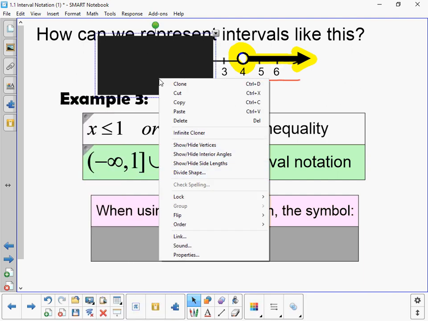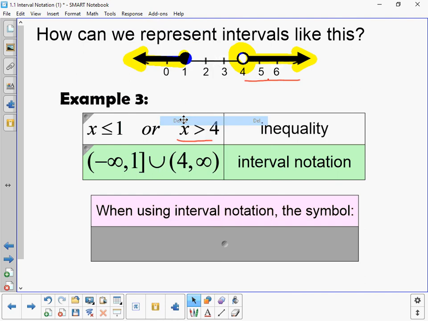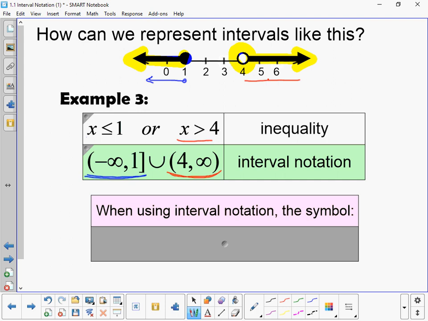So we just need to make sure we're showing both of those parts in our interval notation. So we want to show that x is greater than 4. Well, that's right here between 4 and infinity. And then that first part that we looked at first, showing that x is less than or equal to 1, our interval notation shows that as well.